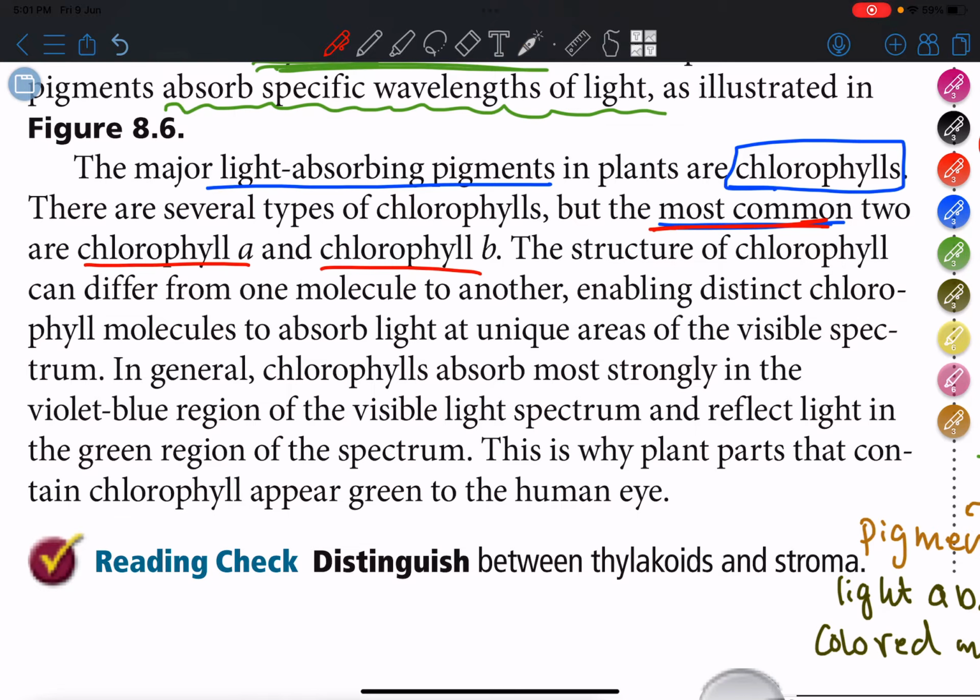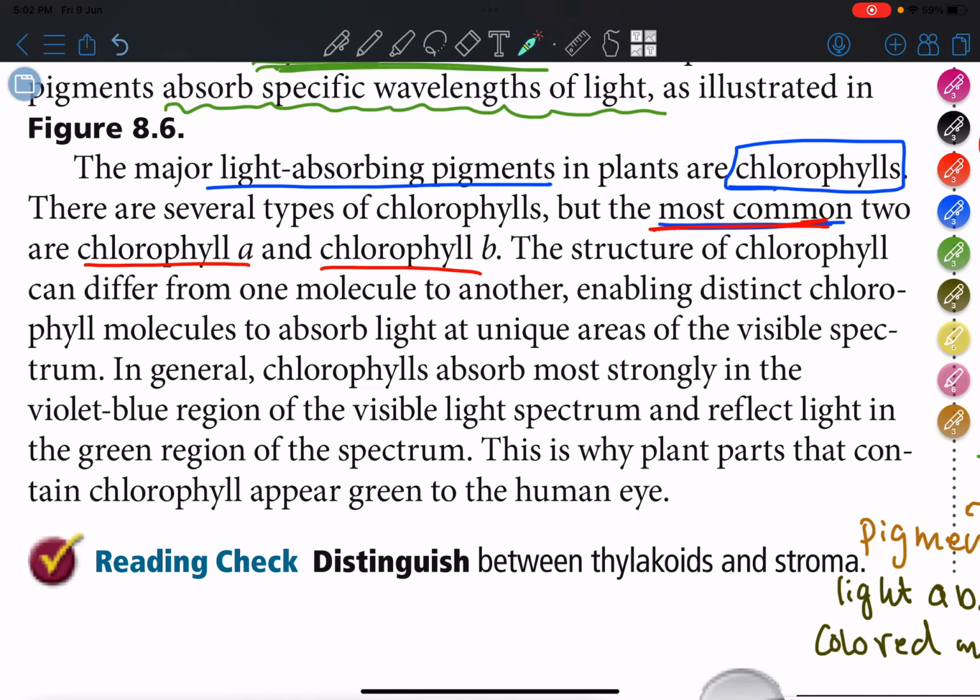The structure of chlorophyll can differ from one molecule to another, enabling distinct chlorophyll molecules to absorb light at unique areas of the visible spectrum. This means each chlorophyll has specific colors that it absorbs. Okay?